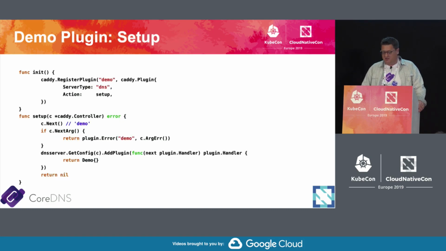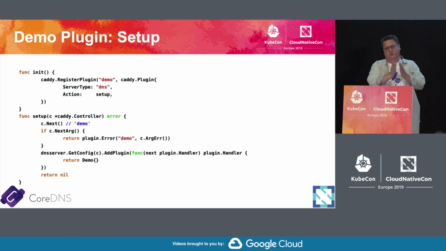We can actually look, like Yong said, this is very few lines of code to do this kind of thing. You can see the init plugin is essentially one function call. And demo just consumes the tokens out of the configuration file and adds the plugin to what's called the plugin chain.